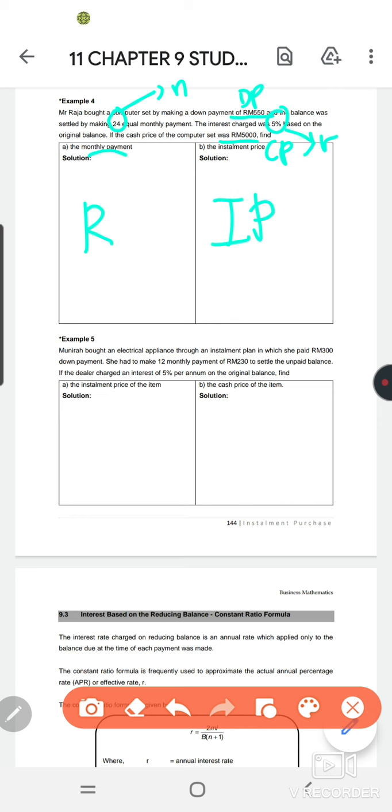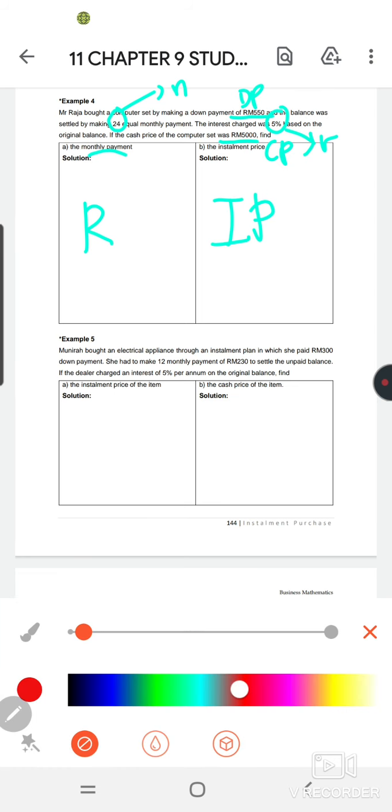Okay. Then the last one, example 5. Munira bought an electrical appliance through an installment plan in which she paid RM300 down payment. So this one is the down payment.